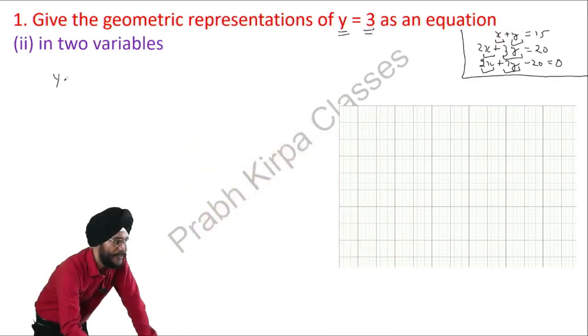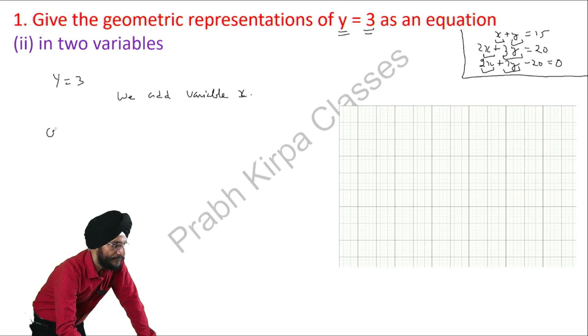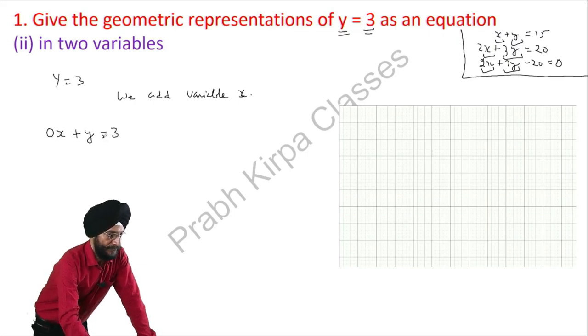What is given? It is given. So we add variable x. How we will add? We will write 0x plus y is equal to 3.